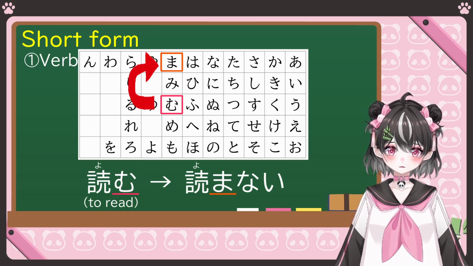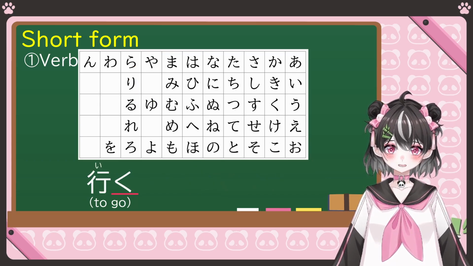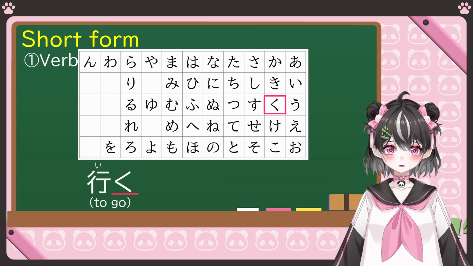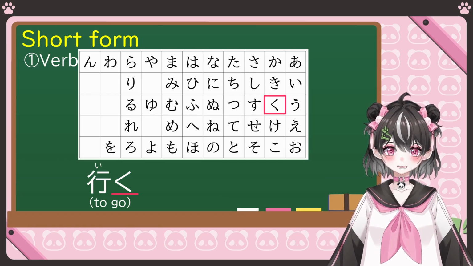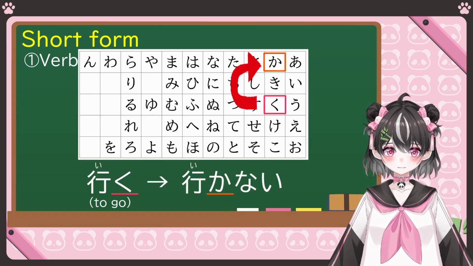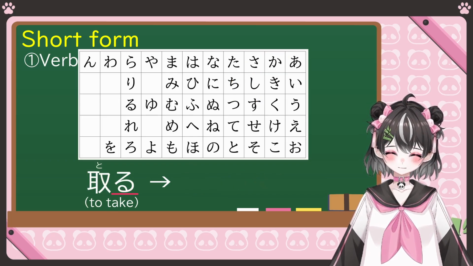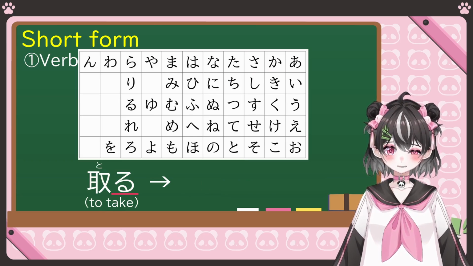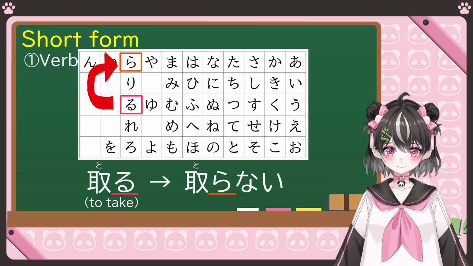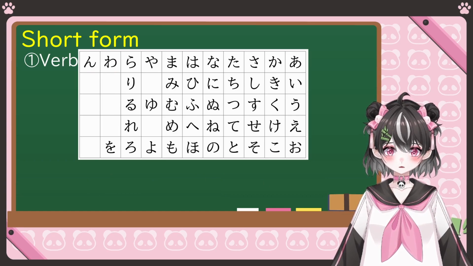Let's look at other examples. What about 行く? This ends with く, so replace く with か: 行かない. What about 取る? Yes, it becomes 取らない. There is one thing you need to be careful about.